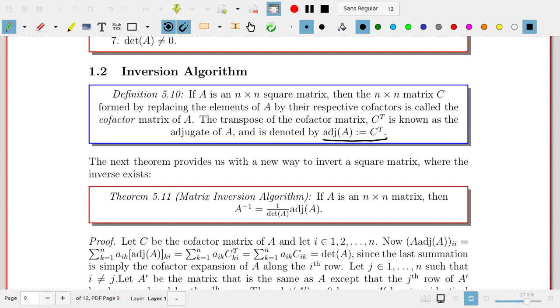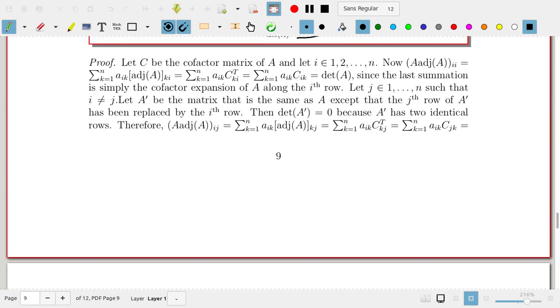Okay, so theorem 5.11 tells us that the inverse of A is 1 over determinant of A times the adjugate of A. So let's prove this. Let C be the cofactor matrix of A, and let i be an integer between 1 and n inclusive.